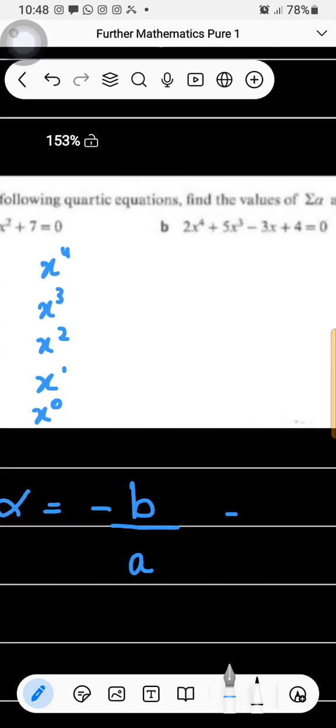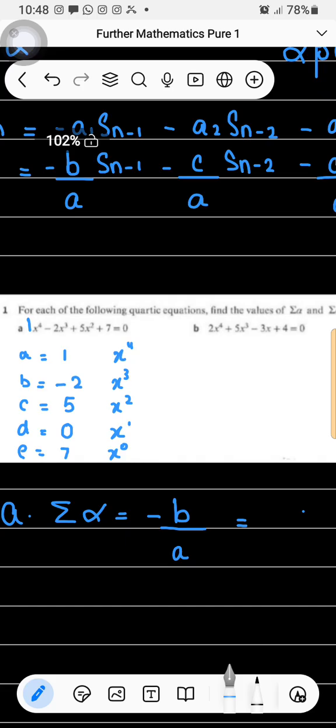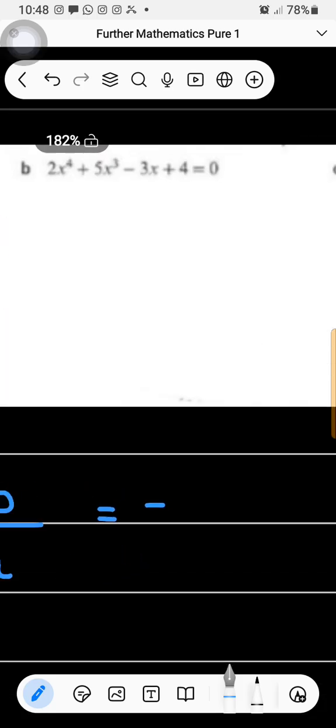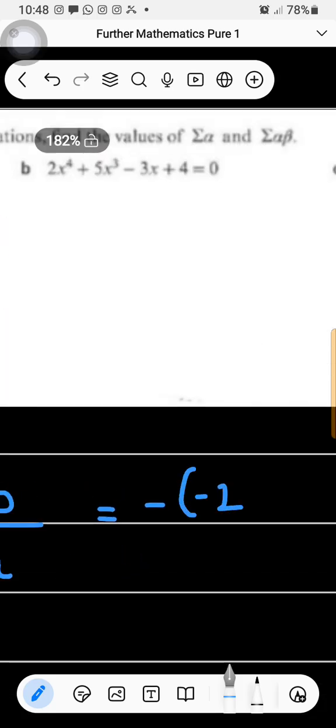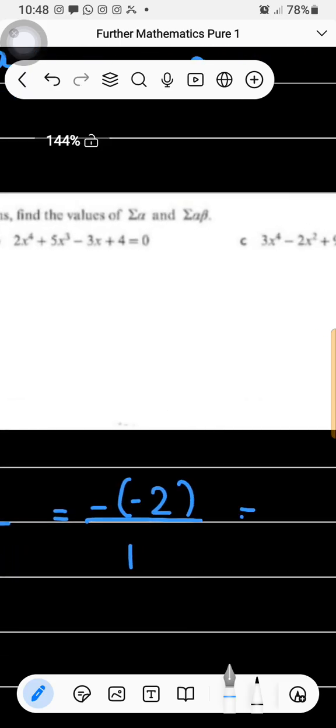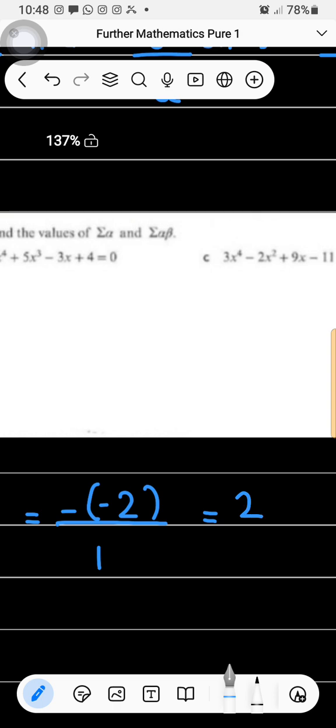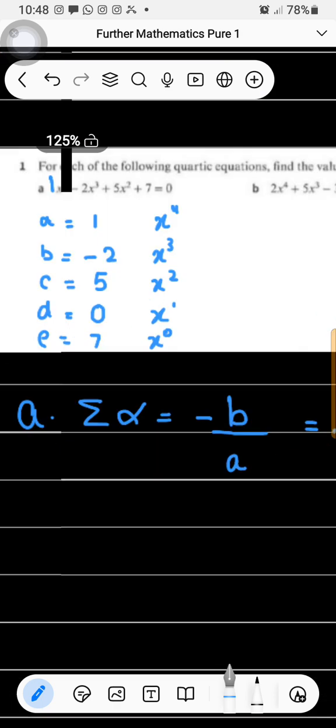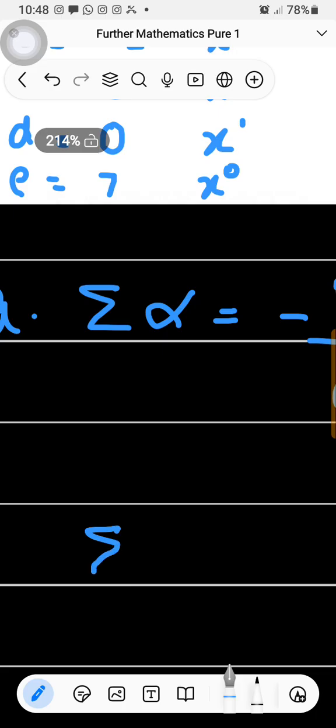Negative b is negative of b, and b is negative 2, so negative of negative 2 upon 1 becomes positive 2. Now we will find sum of alpha beta.